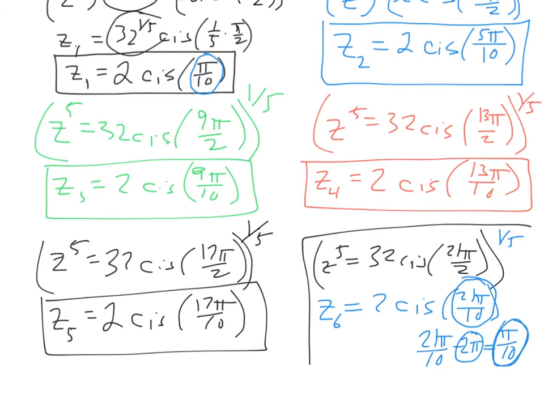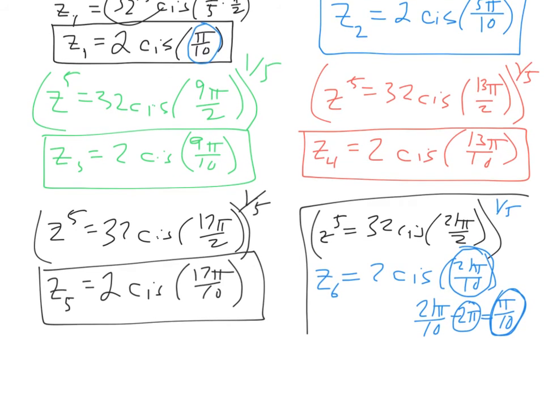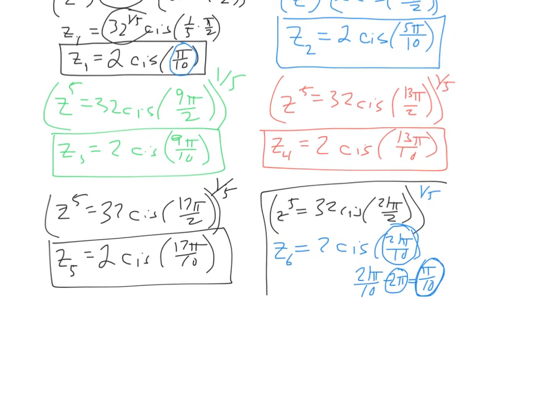Remember that I mentioned in the previous example, all of these are evenly spaced around a unit circle. So if I put these on a unit circle, this first one would be at pi over 10. The next one would be at 5 pi over 10, which is straight up. The next one is 9 pi over 10.